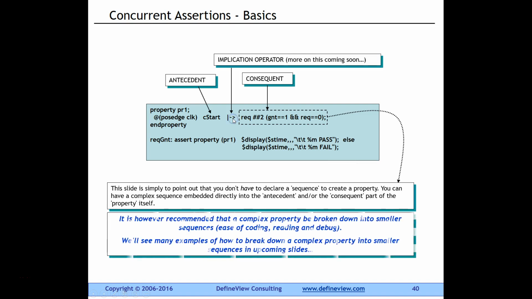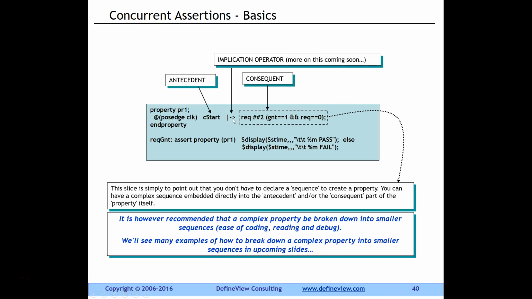But I highly recommend that a complex property should be broken down into smaller sequences. When you read a given spec, the spec may look daunting and you may start scratching your head on how am I going to model this assertion. Take smaller portions of the spec, create sequences of those smaller portions, and then tie them all together.